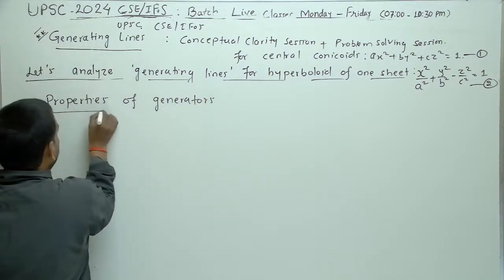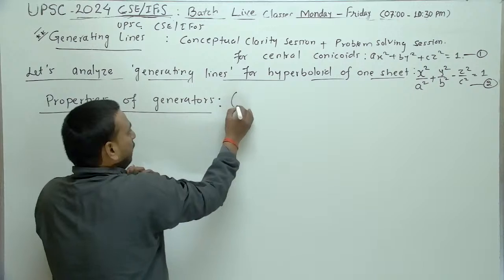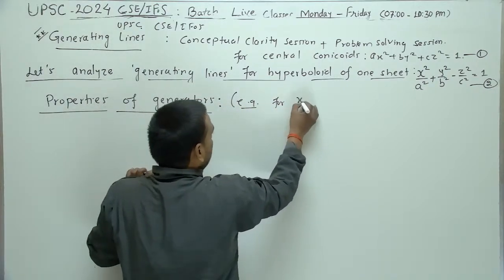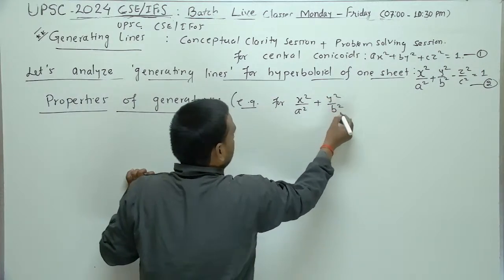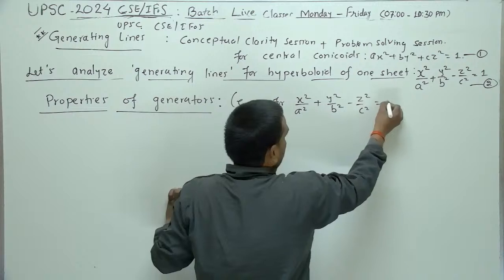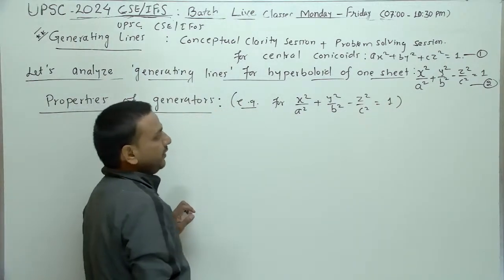Here we are going to learn the properties of generators. For example, we will be discussing the hyperboloid of one sheet to have a better picture in our mind, and later on we can extend that to any surface. Clear?